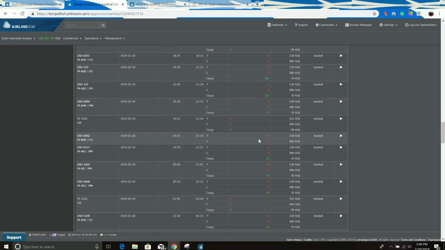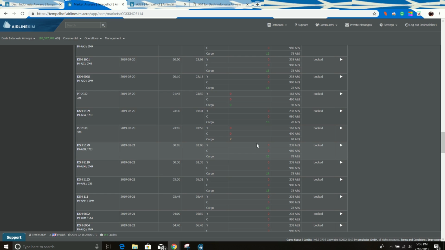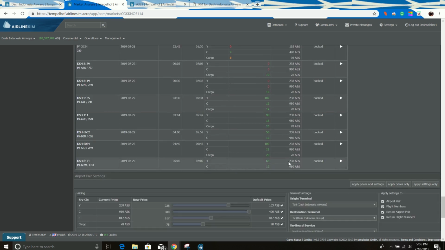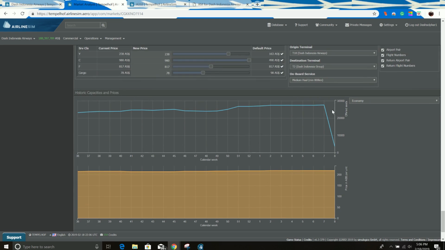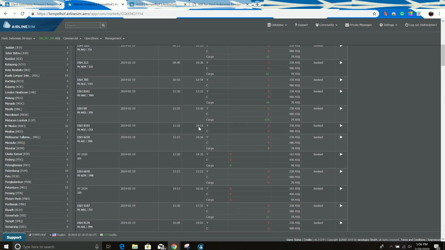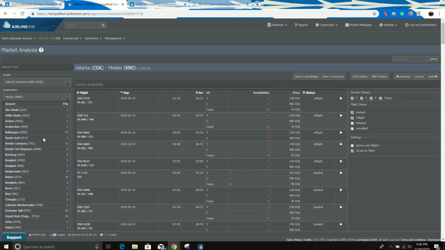Basically, my competitor may not be able to do what I can do because he doesn't have the connections on the other end that I have. I operate almost 30,000 passengers a week through that route. It's mainly because Medan is a stopover point for some of my international flights, as you can probably see from the past flight schedule sheet.